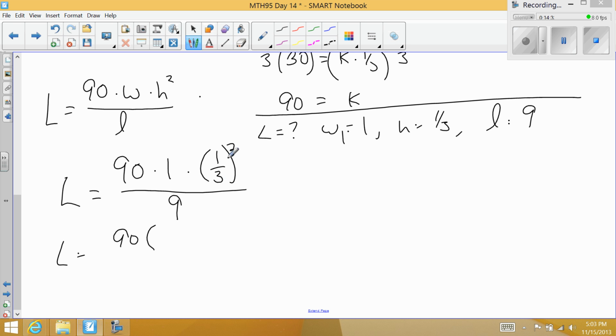And 1/3 squared is 1/3 times 1/3, that would be 1/9. 1 times 1, 3 times 3. And my 9 down the denominator. 90 times 1/9 would be 10. So this load is going to be 1 1/9 tons. is how much weight the beam can support. Since we've now basically flipped it on its side, it's not quite as sturdy, even though it's gotten shorter.